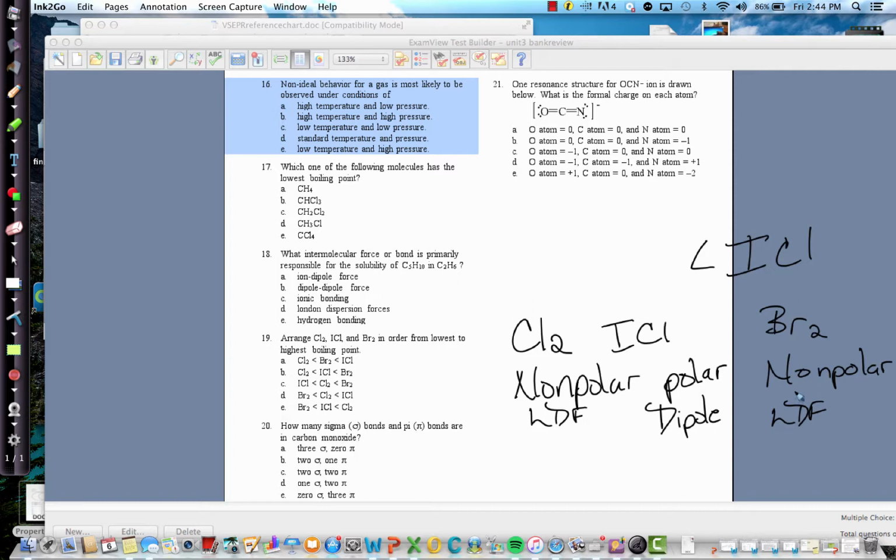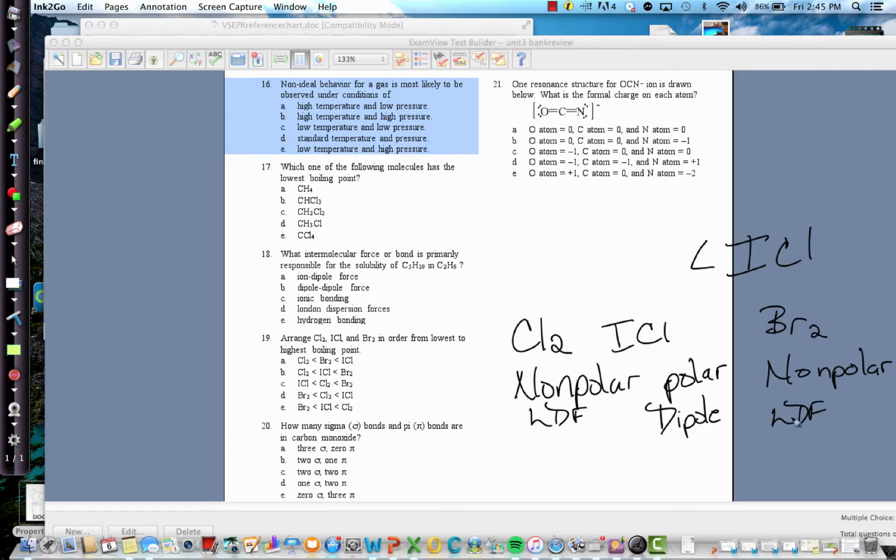Well, they're both LDF. So now the difference depends on their mass. Br2 is the one with the highest mass here versus Cl2, so its boiling point will be higher than chlorine because it's heavier. Since it's heavier, it has more electrons and more chances for LDF to occur.